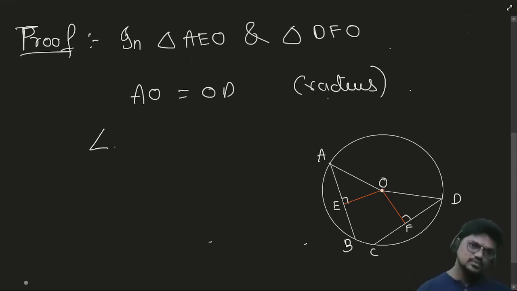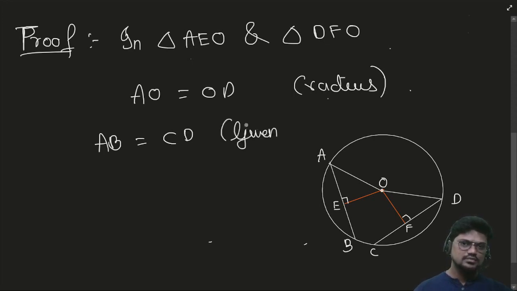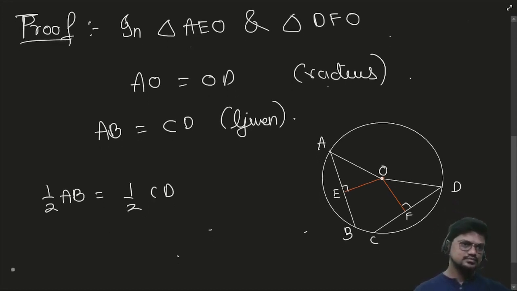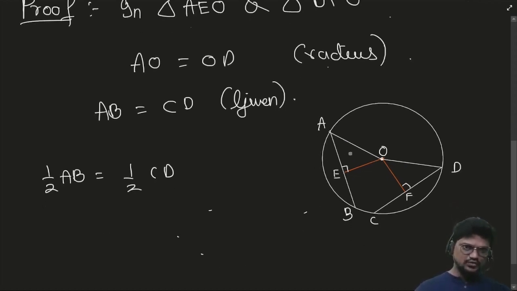Sir, AB is equal to CD, so half of it. Yeah, right. Why? We have to mention it first. So we know that AB is equal to CD. That's given. So half of AB is equal to half of CD. Since the perpendicular bisects the chord, we know that. So half of AB will be AE and half of CD will be how much? FD.